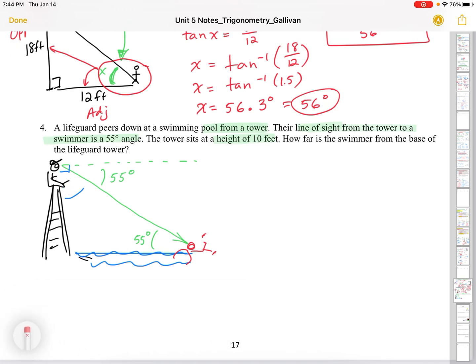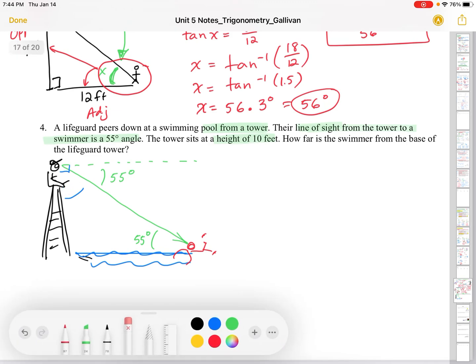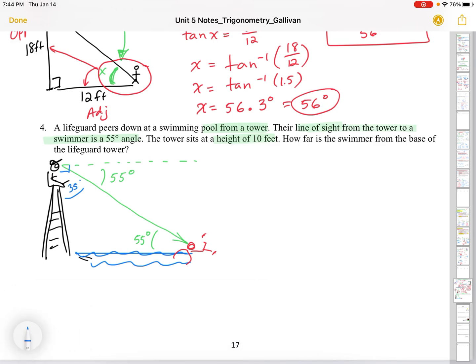Sorry, Mrs. Finley did some wrong math there. It's 35 degrees, because 35 plus 55 equals 90. This would be our right angle. So that would be our picture.